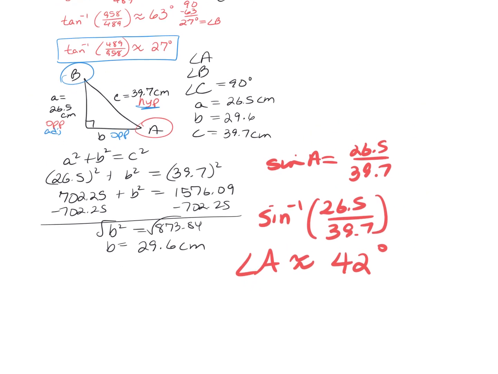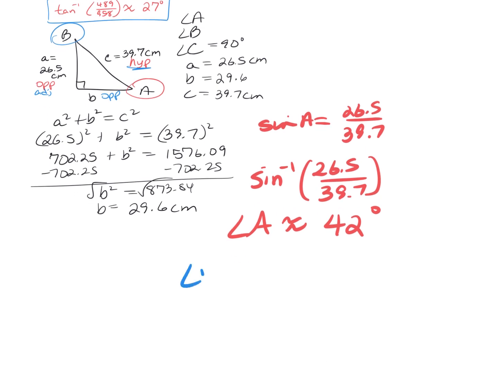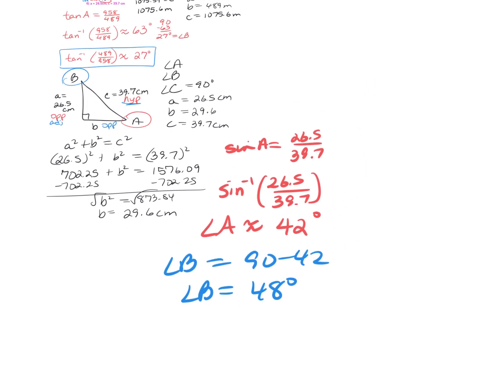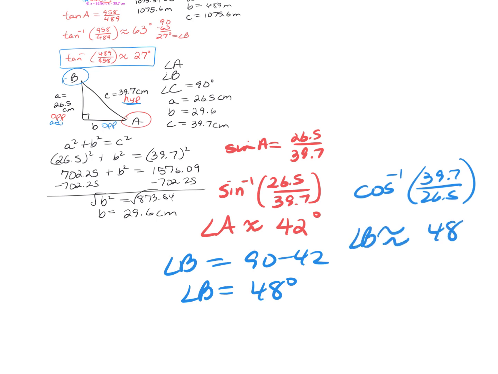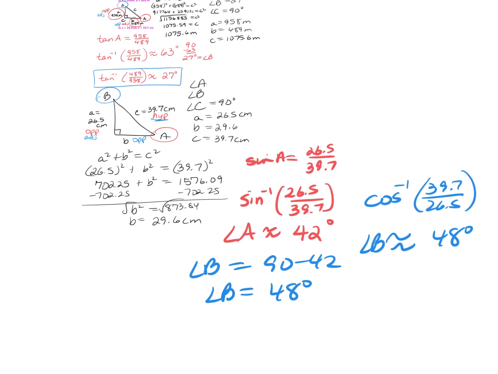And now to find angle B, you can either do 90 minus 42, and angle B equals 48 degrees, or do the reciprocal, or cosine -1, and flip this to 39.7 over 26.5, and again, you still get angle B equals 48 degrees. So my triangle is complete. Angle A was 42, angle B is 48.